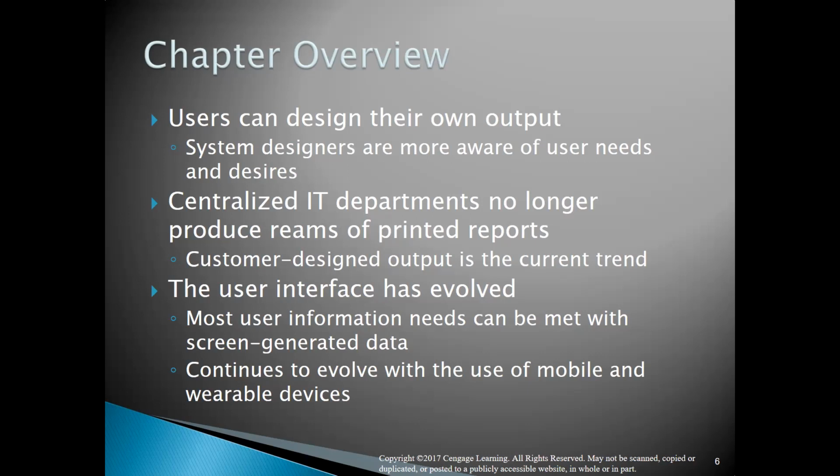Centralized IT departments no longer produce reams of printed reports. Customer design output is the current trend. The user interface has evolved. Most user information needs can be met with screen-generated data, and it continues to evolve with the use of mobile and wearable devices.